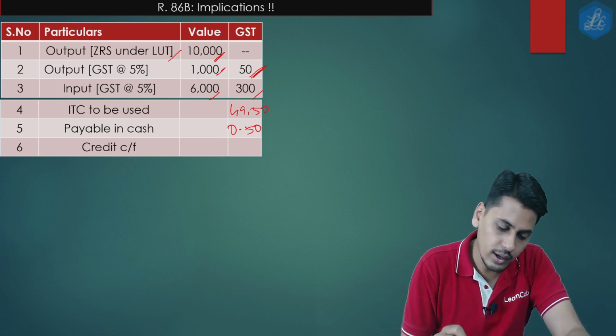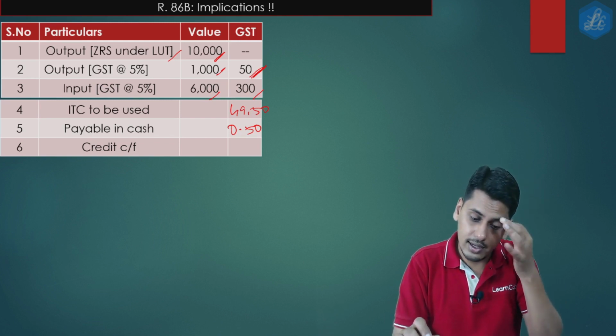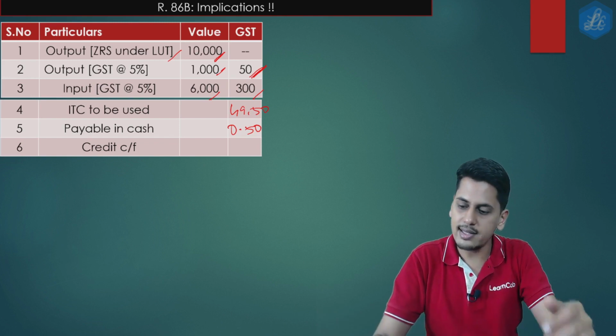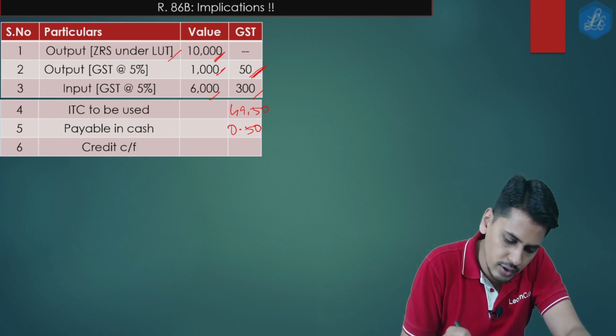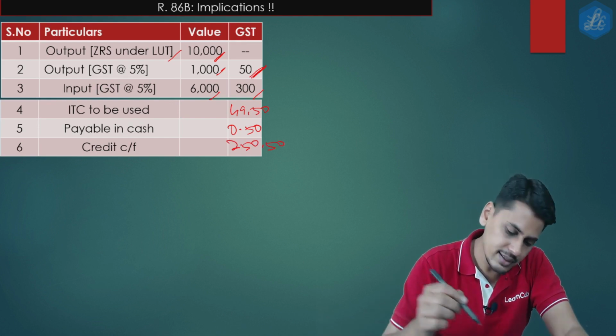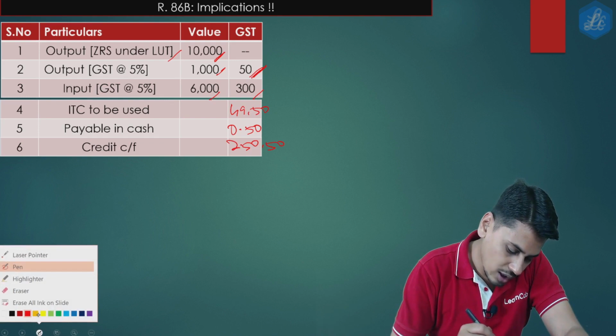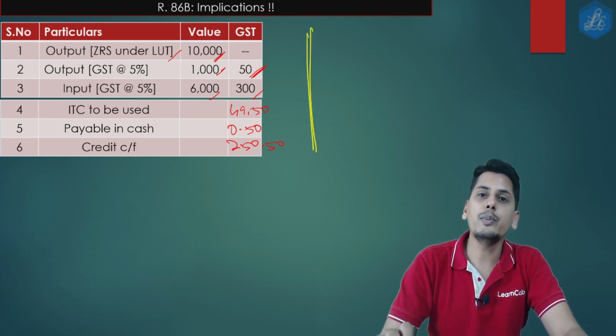So after this, what is going to be the credit ledger carry forward? Total ITC available was 300, minus 49.5, it is going to be 250.50.